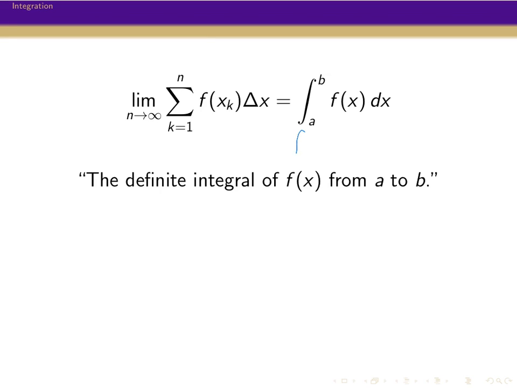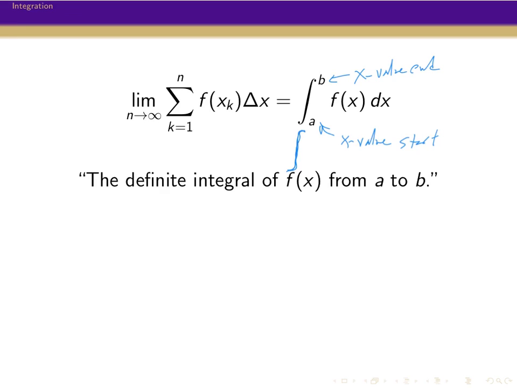So this looks like an S. It's gotten longer and longer. And then the a is the x value that we start at. b is the x value that we end at. And then the delta x has changed into the dx.